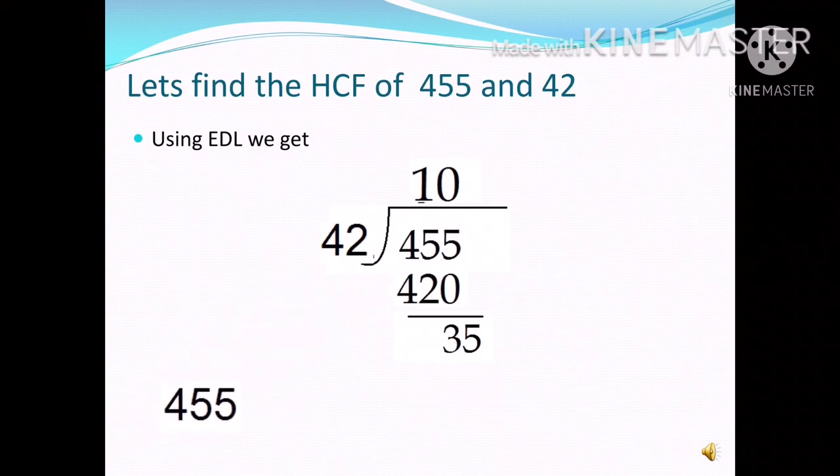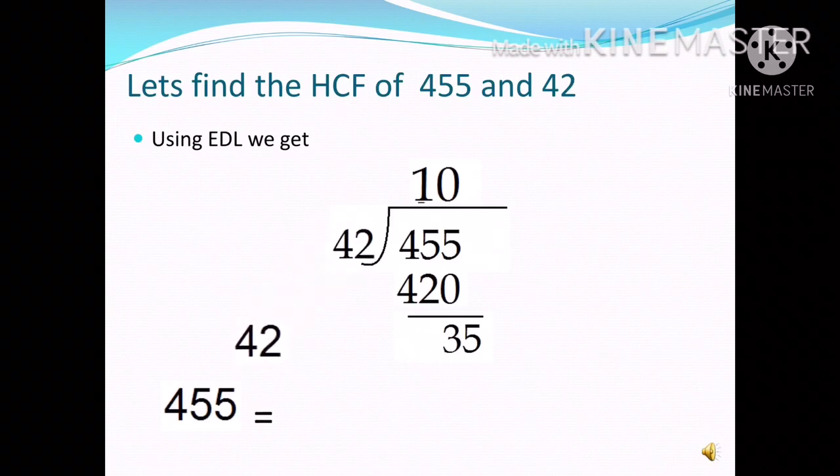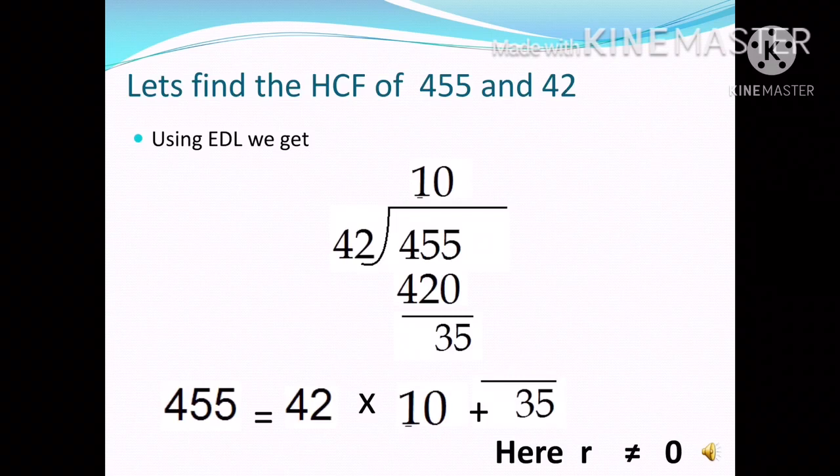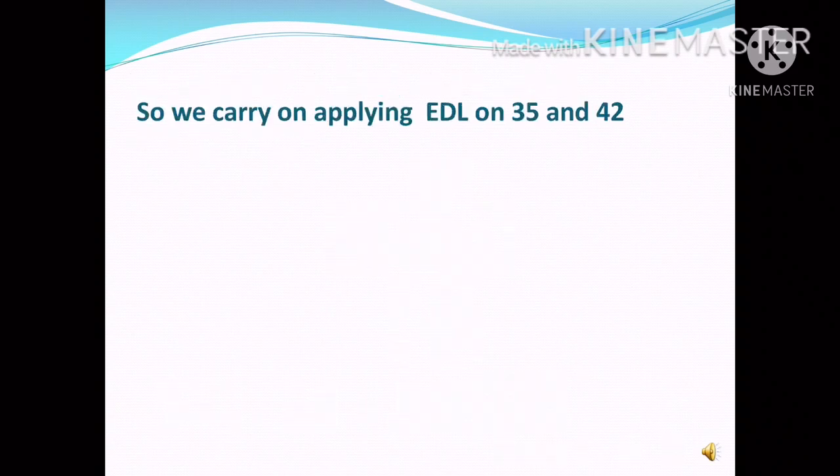As we have done earlier, 455 is equal to 42 into 10 plus 35. Here the remainder is 35, that is, remainder is not equal to 0. So we carry on applying Euclid division lemma on the remainder and the divisor of the previous step.